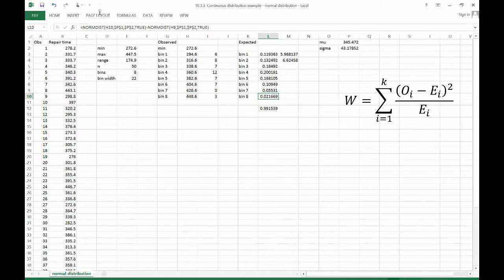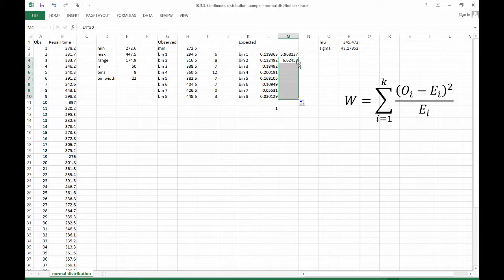So we need to alter this equation to be 1 minus the probability less than or equal to here. That gives us the probability of everything greater than 426 up to 448.6 and then all the way up to positive infinity. Everything larger than 448.6 is going to be small, but we still need to include it so we're accounting for everything. When we do that, our sum of probabilities gets to 1.